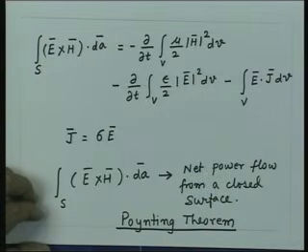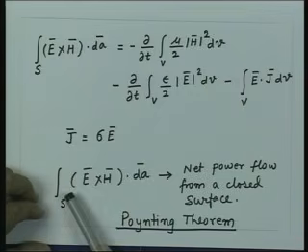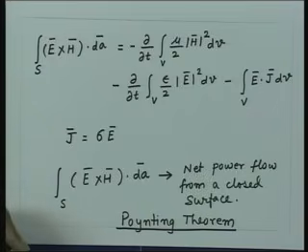What it is telling you is that the total power coming out of this is equal to this quantity. So, saying that E cross H is a power density at every point on the surface is an arbitrary definition of the power density which we take from here.